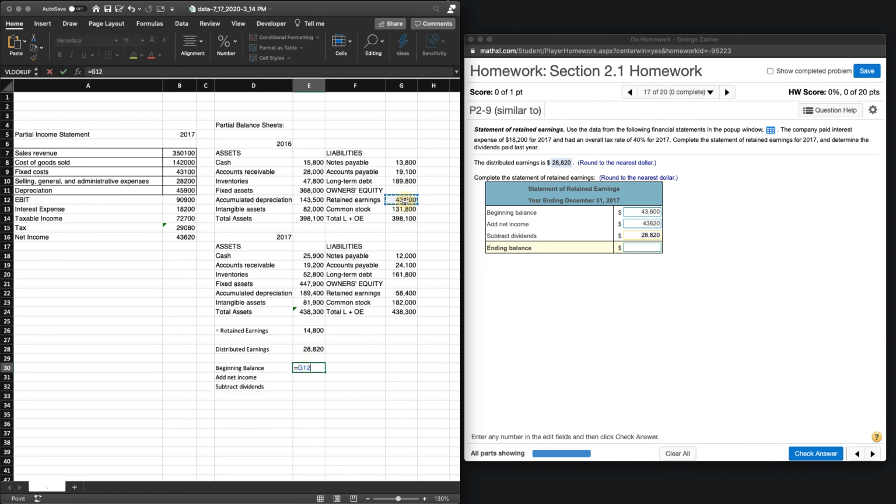That's going to give us our ending balance. Again, we're going to add our income and subtract our dividends, so that should be our ending balance. Let's take a look here.